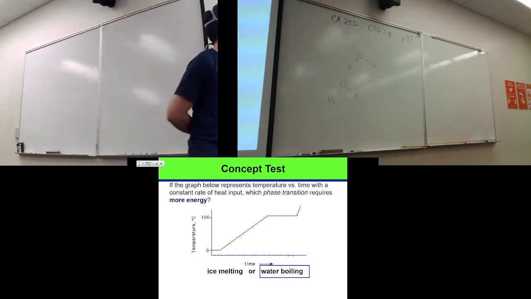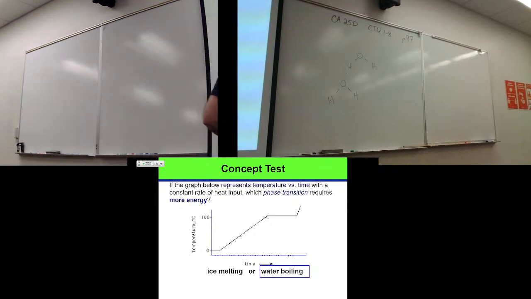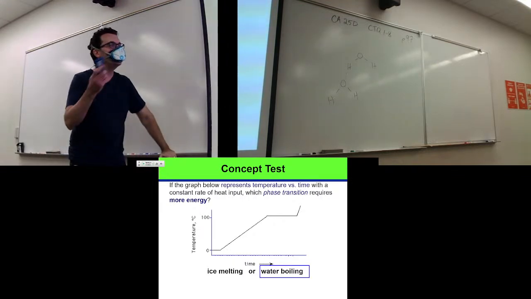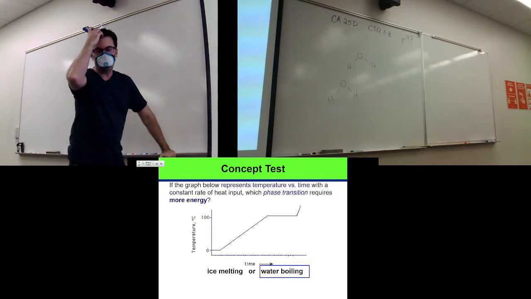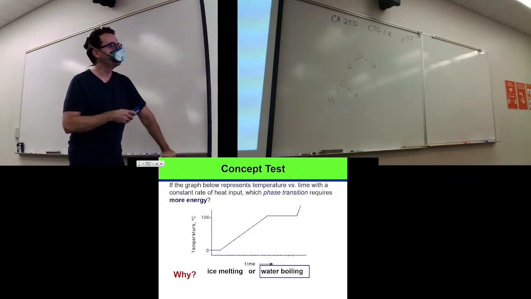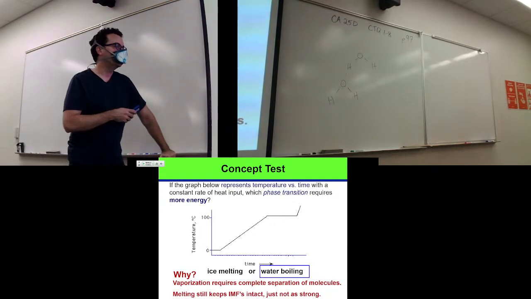But yeah, we've got a small, short line here, a much wider line here. This represents more heat required to cause the entire amount of liquid to boil. So it's the water boiling. And we already talked about this. The heat of vaporization is always going to be higher than the heat of fusion. So there we go.